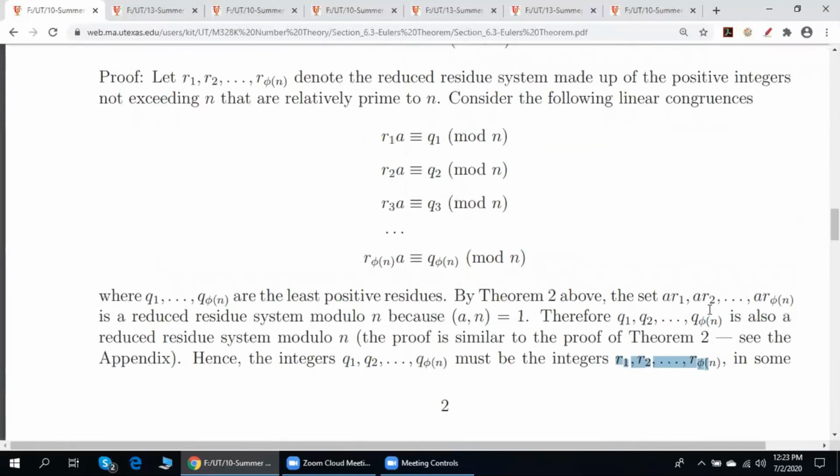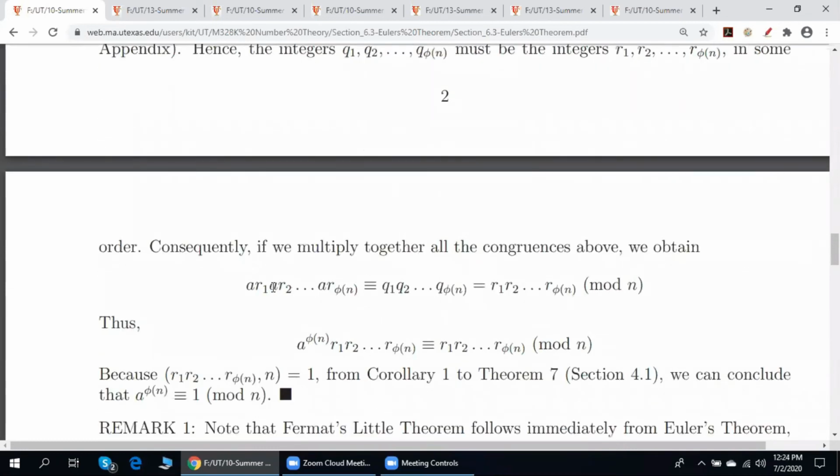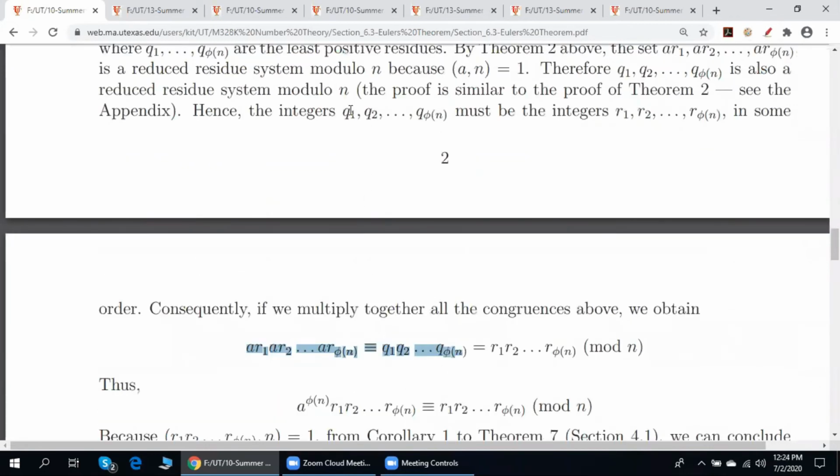Since these two sets are equal, if we multiply all these congruences together, we get this. But according to what is written here, since this set is equal to this set, this product is equal to this product.